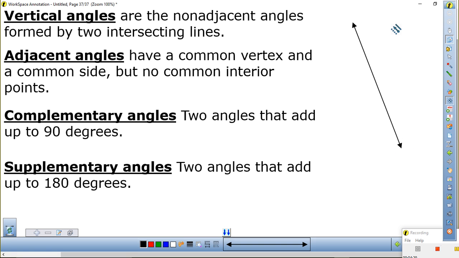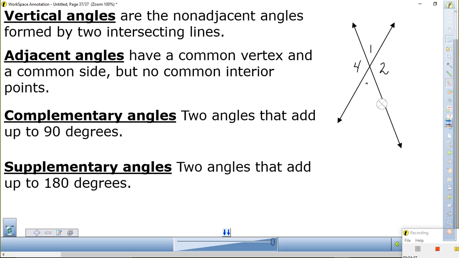Below where you wrote your terminology, I want you to copy this. And we're going to label this 1, 2, 3, and 4. Right now I'm going to begin first with adjacent angles.